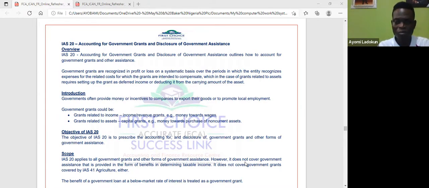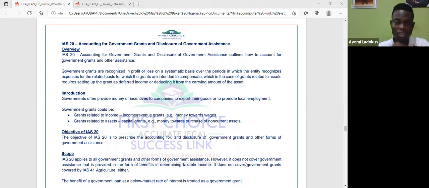Okay, so we said the last time that government grants are assistance by government in form of transfer of resources in compliance with past or future conditions relating to operating activity of an entity. So the basic thing is, when it comes to government grants, it only requires a condition and transfer of resources.